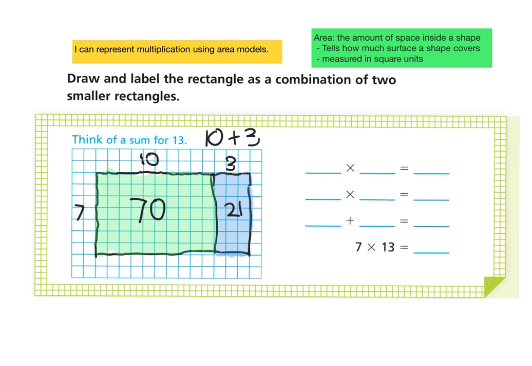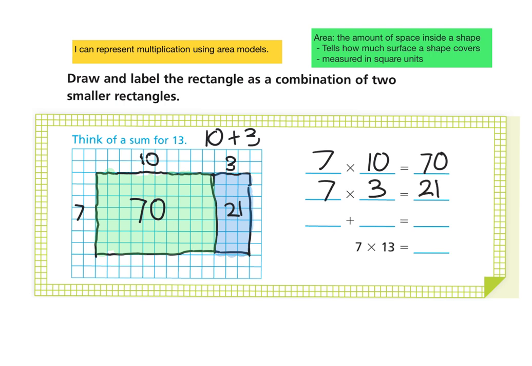Okay. How do we put this all together to find the overall area? Well, let's relate it over to our equation here. So really what we did is we started with 7 and we multiplied by 10 to find the area of this piece, and we got 70. So we did 7 times 10 and got 70. And then we had 1 more rectangle we had to find the area of. And again, we took 7 times 3 and got 21 for that section.